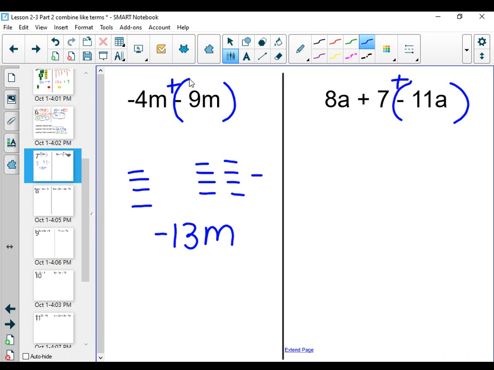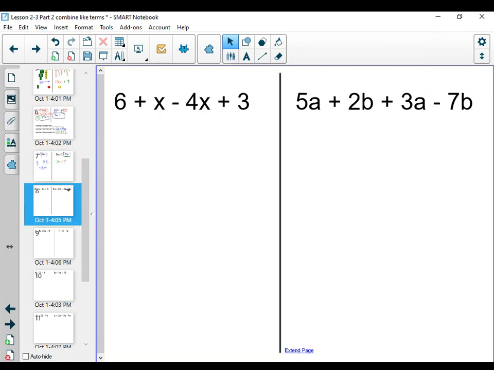What are my like terms? 8a, -11a, bad guys win by 3. This constant has to stay by itself. Go ahead and pause and try these two.